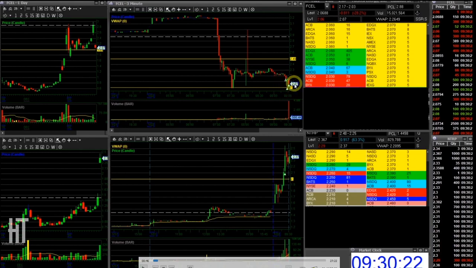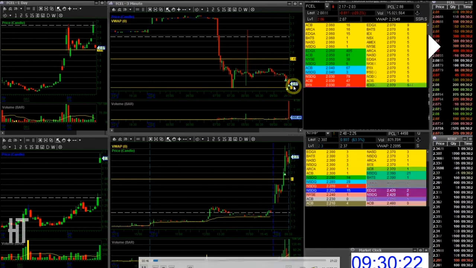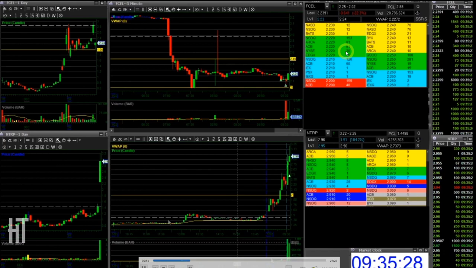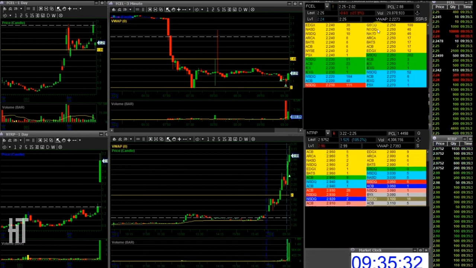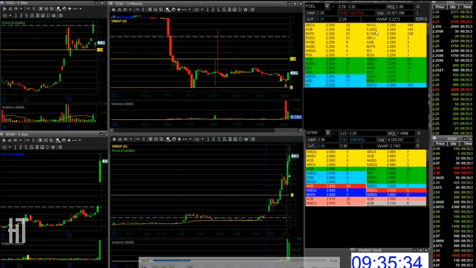I just know this area there's a lot of potential support. If I add to full size, I'm okay risking $2 and a breakdown of $2 because of so much of the bid stacking up on the L2 that I saw earlier. You don't have to be good at math to trade, but you have to be able to process information visually really fast.